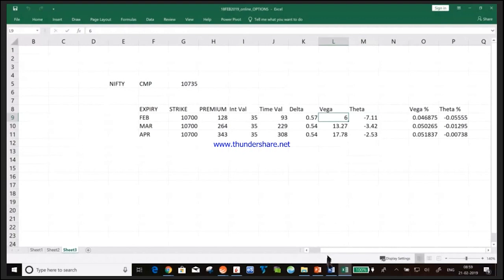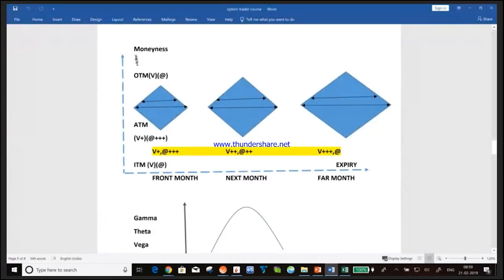The rhombus is nothing but it tells you in a graphical way, Rajiv, how Vega and theta are affected with respect to expiry and moneyness. This is moneyness, this is expiry. So if you look at Vega, right, Vega is highest for at the money options, and as you go out of the money or in the money, the Vega reduces. Okay, and Vega will be more for far month compared to front month.